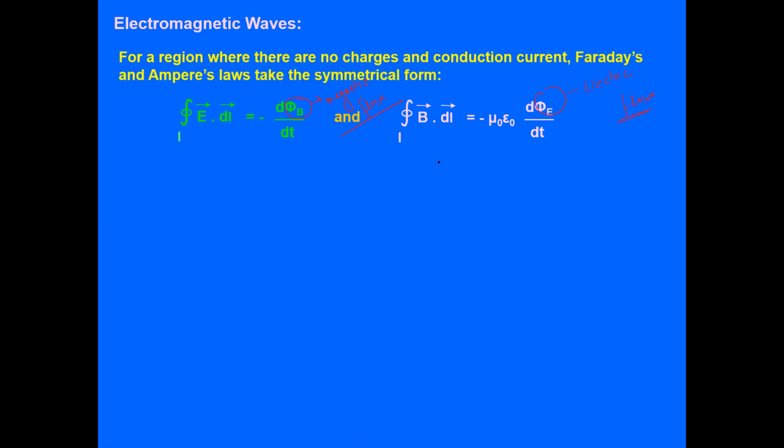So if we compare these two equations, here is the electrical part, which is the time derivative of the magnetic field part. And here the line integration of the magnetic part gives the time derivative of the electric flux.